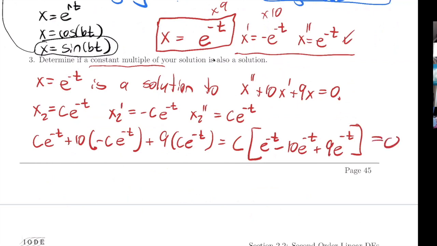And we can see, okay, that also checks out. So this tells us that this is a solution as well.